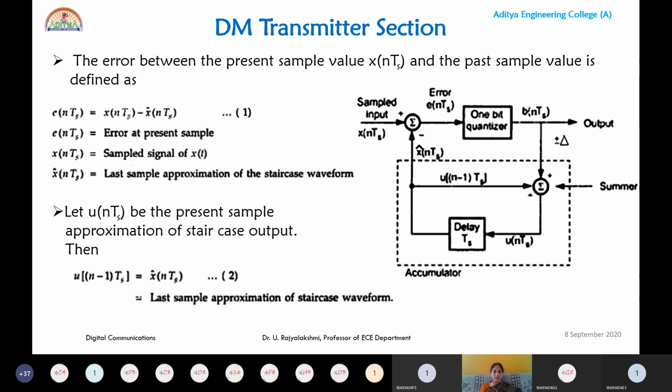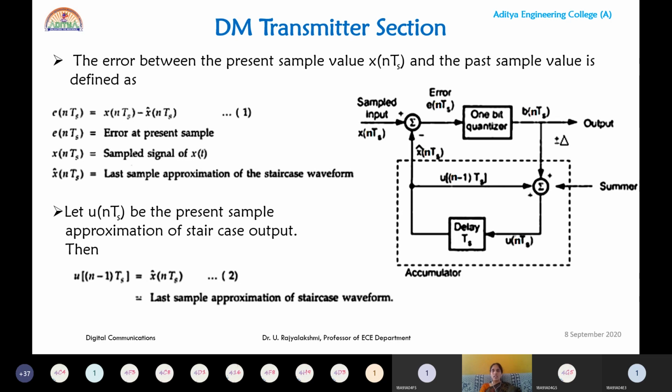The accumulator stores the past sample values as a staircase waveform with the magnitude variation as plus delta or minus delta. So the staircase waveform magnitude, u((n-1)Ts), is x cap(nTs), the past sample value.